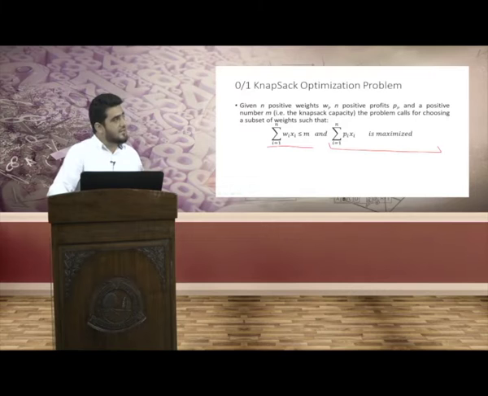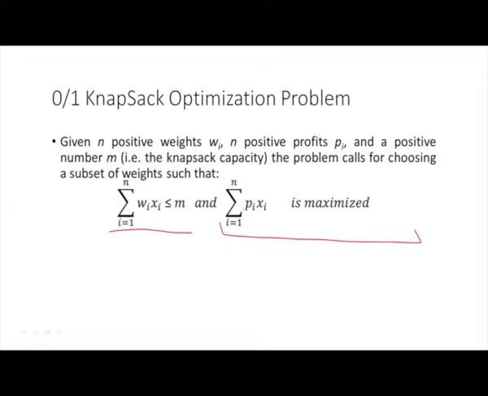Here pi is the profit associated with item i. We add the profits of all the items that have been put into the knapsack, and our objective is to find such a solution of xi's that the total weight is less than or equal to the capacity of the knapsack, and the total profit obtained is maximized. It is the maximum profit that can be obtained from the given set.